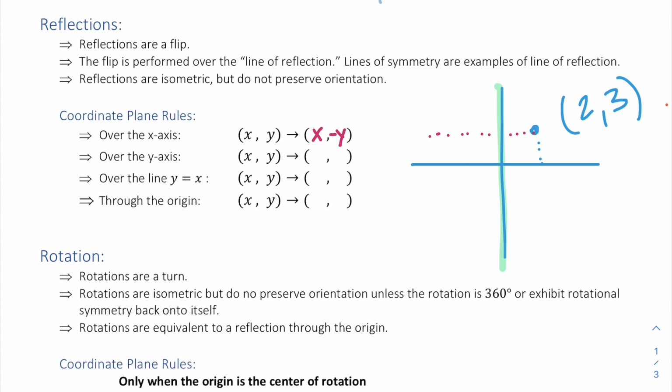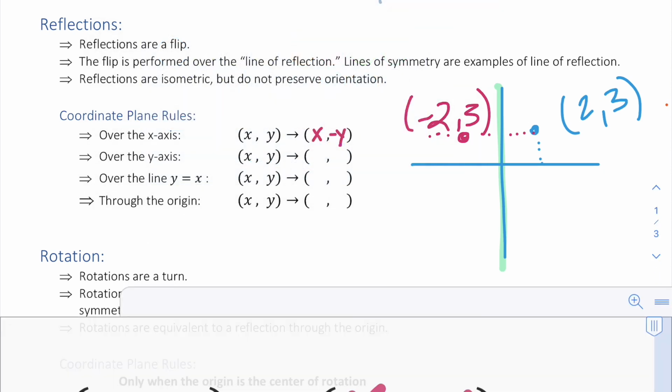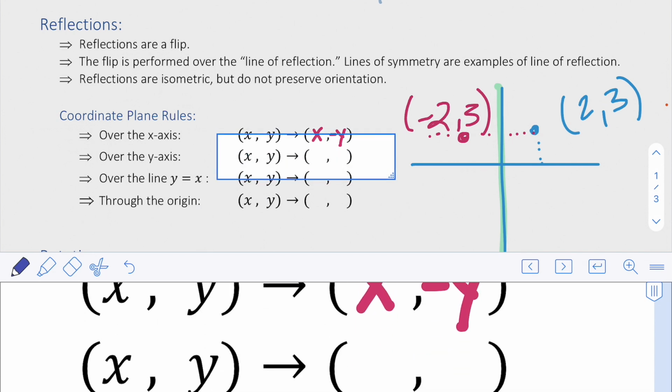I was 2 coordinates to the right, and we reflect to be 2 coordinates to the left. So if it was 2, now I have negative 2, 3. Here my y value stays the same, my x value is changing signs. So over the y-axis, negative x comma y. Y stays the same, x changes sign. If it was negative, it becomes positive. If it was positive, it becomes negative.